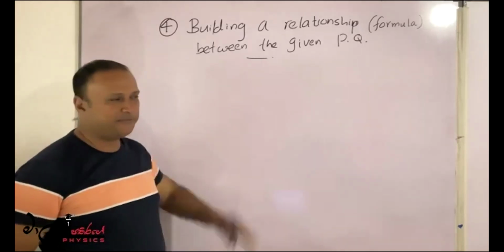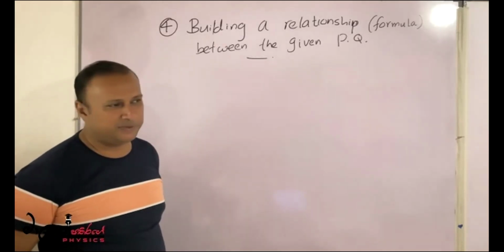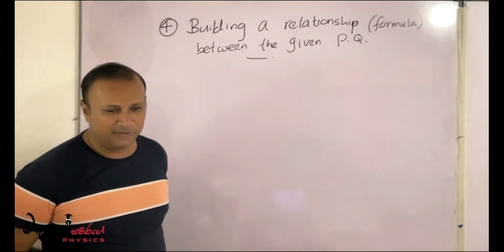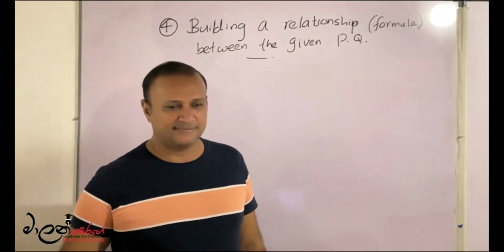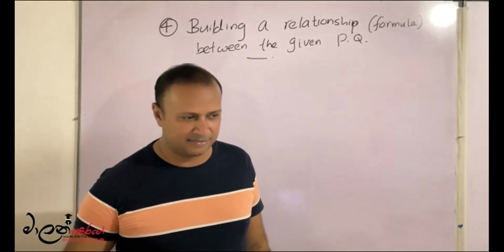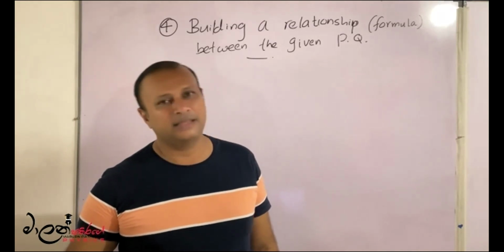What did we write at the end? There are two relationships in between two variables. Can anyone repeat that one? The last sentence. There are two main relationships between two variables. Thank you.